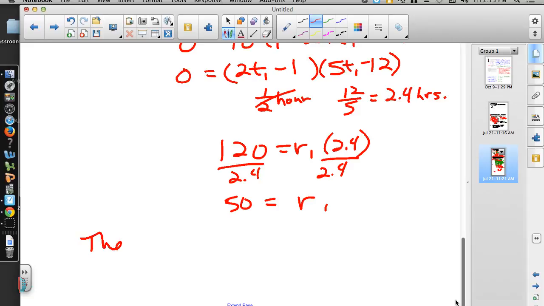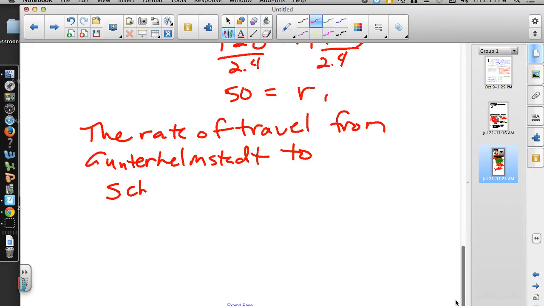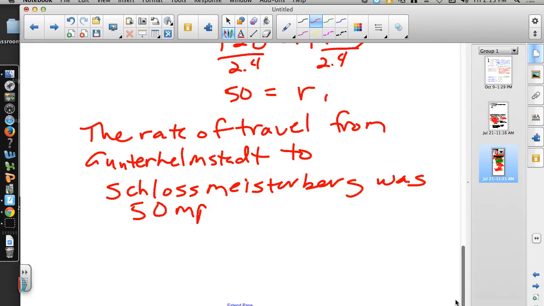So the rate of travel from, oh boy, Gunter Helmstadt to Schloss Meisterberg was 50 miles per hour. And there it is. That was all of the questions that you had for me off of the worksheet.